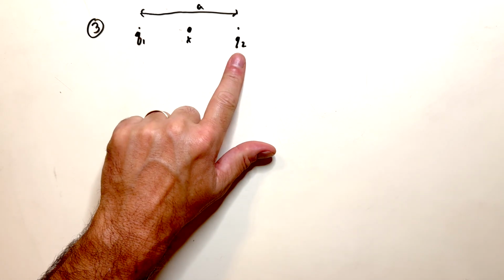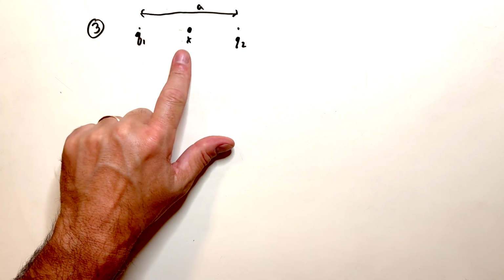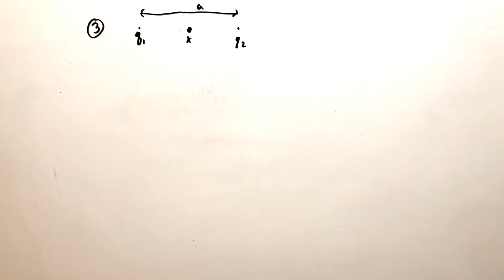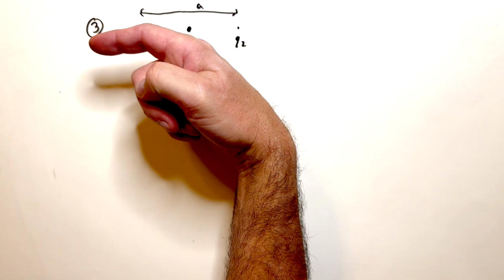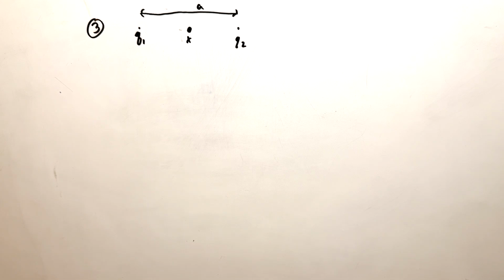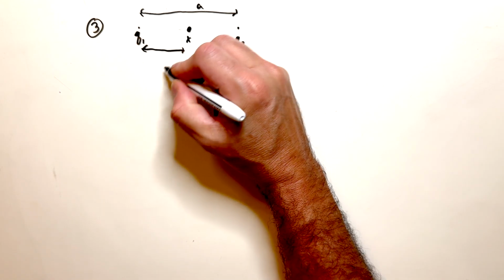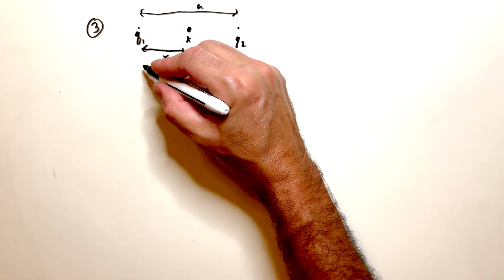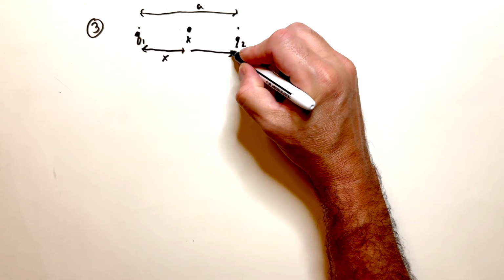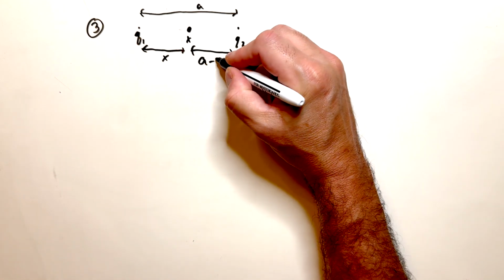However, charge 2 is to the right of x, our test charge, and so it will be acting to the left. So these are going to be oppositely directed. That'll be reflected in the signs. The distance is, well, this distance here is just x, and this distance here is actually A minus x.